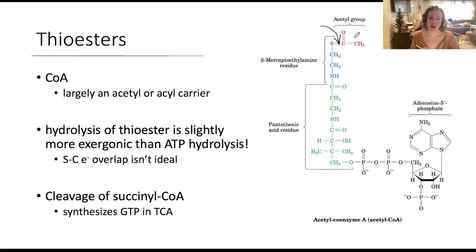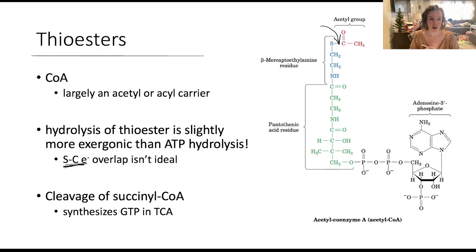And we know these bonds are high energy, and actually they're slightly more exergonic than synthesis of a phosphoanhydride bond as seen in ATP. This is because the orbital overlap between that sulfur and carbon is not ideal, and I'll show that to you on the next slide.